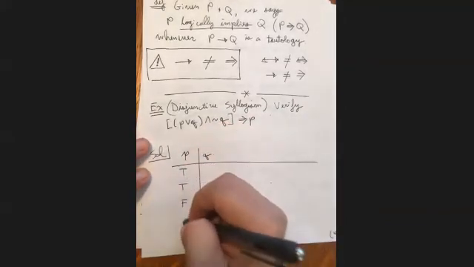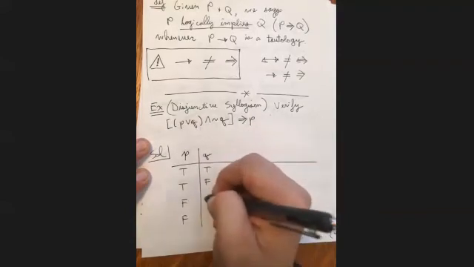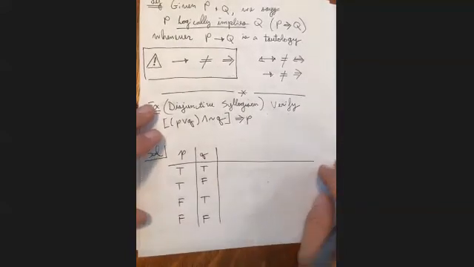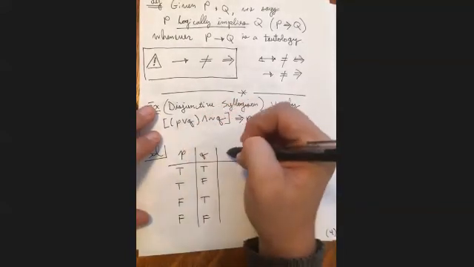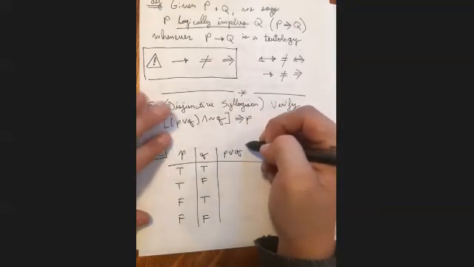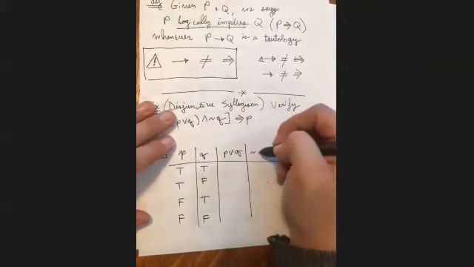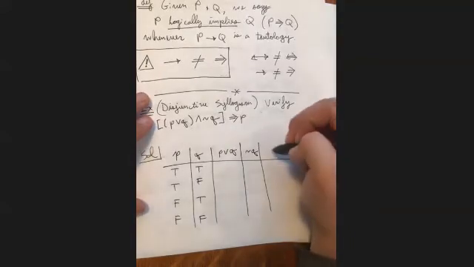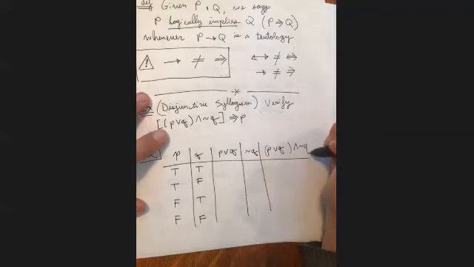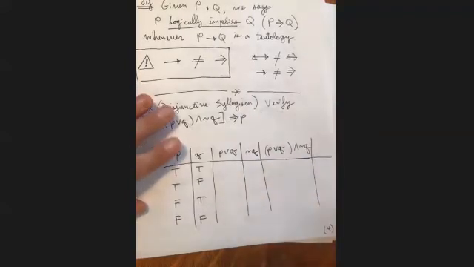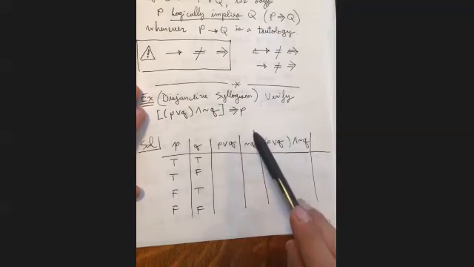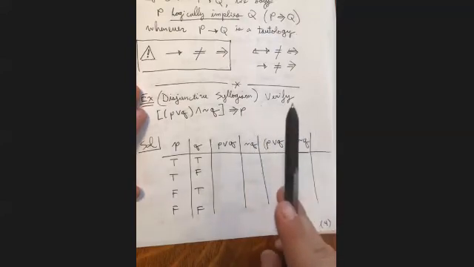True, true, false, false, true, false, true, false. All right. And we're going to build up the statement. So let's see, we've got a P or Q, so we can do that as its own column. We have a not Q. And then we have a P or Q and not Q. So we put it all together. What we should end up with, if this is true, is that we have a tautology, right?